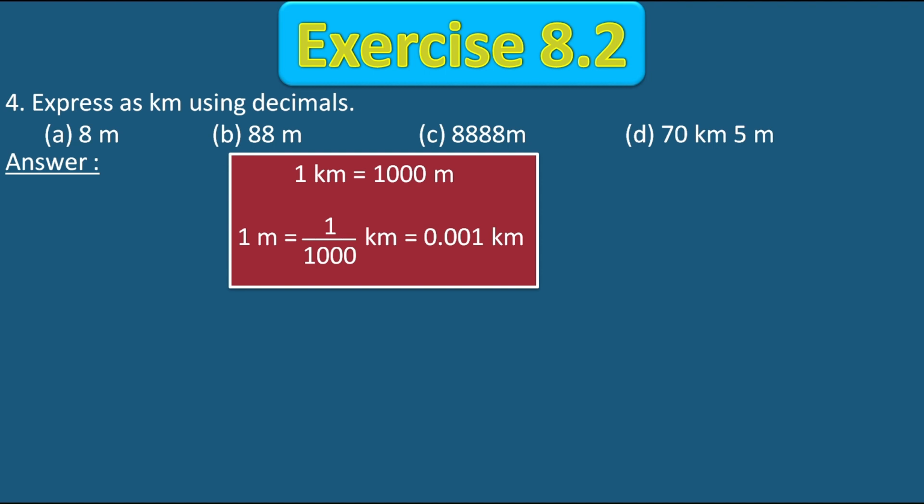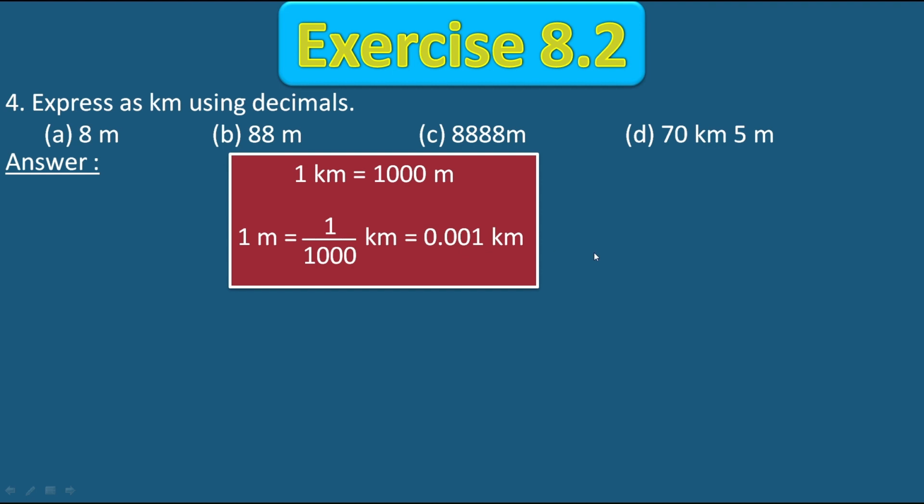Therefore 1 meter is equal to 1 upon 1000 kilometer, which is equal to 0.001 kilometer. Here 2 zeros are there because as we have 1000 here, we need 3 digits after the decimal point. So 0.001 kilometer.